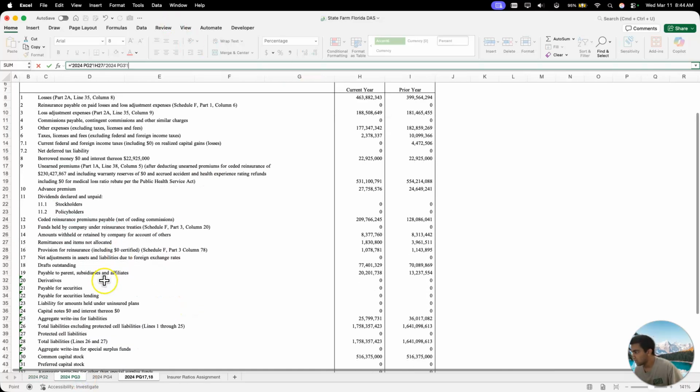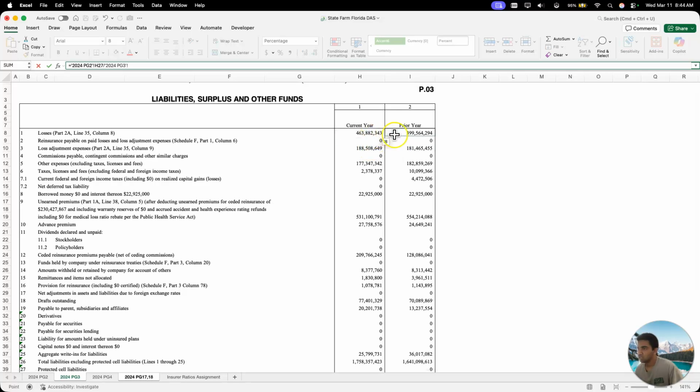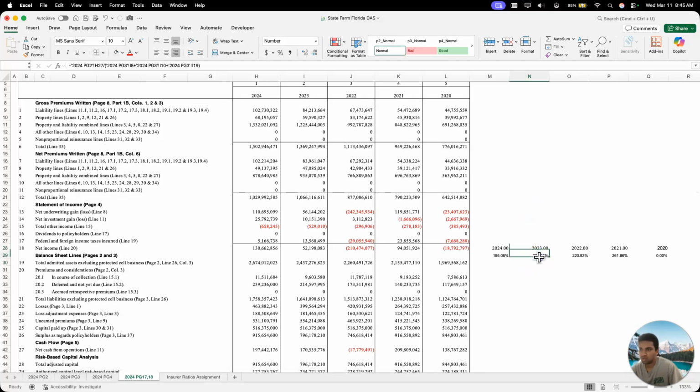This is liabilities, and you can find losses plus, and I should really put this in parentheses, plus loss adjustment plus unearned premiums right here. Close that, and you should have another number. And that's how you get 2023's number.